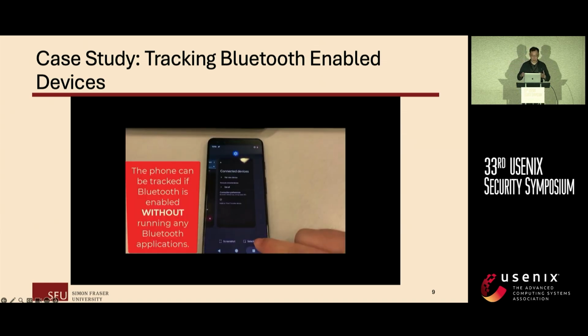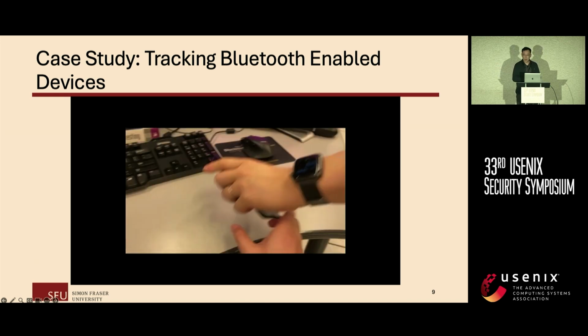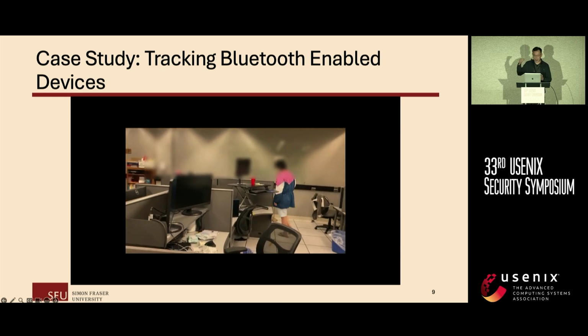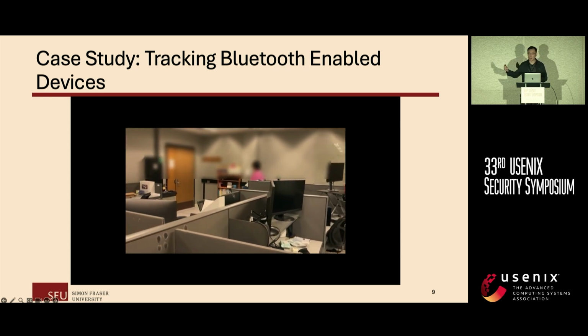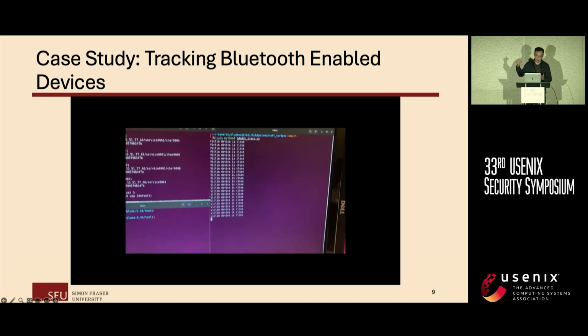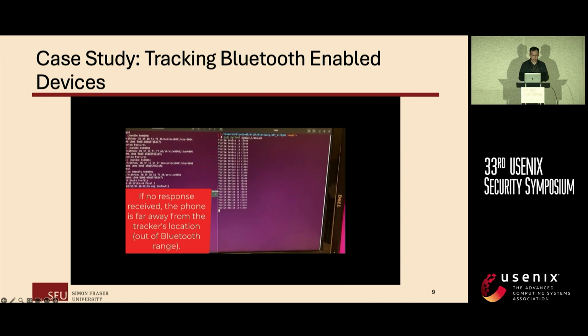Thus, the tracker can utilize the MAC address of Bluetooth Classic to track the device by actively sending out probing messages, a request to establish a connection with the device.